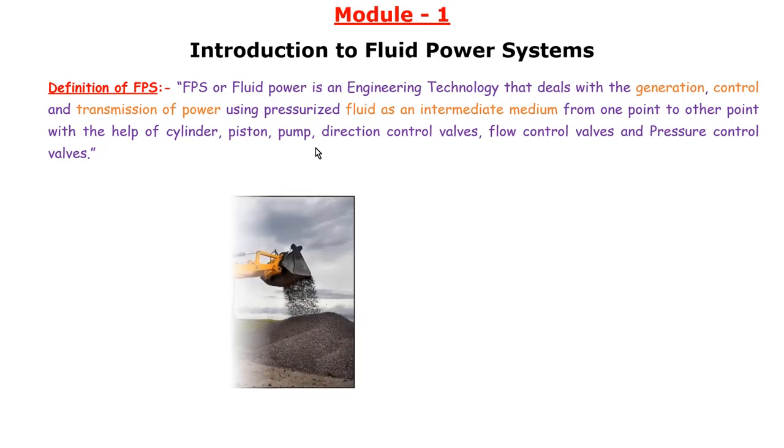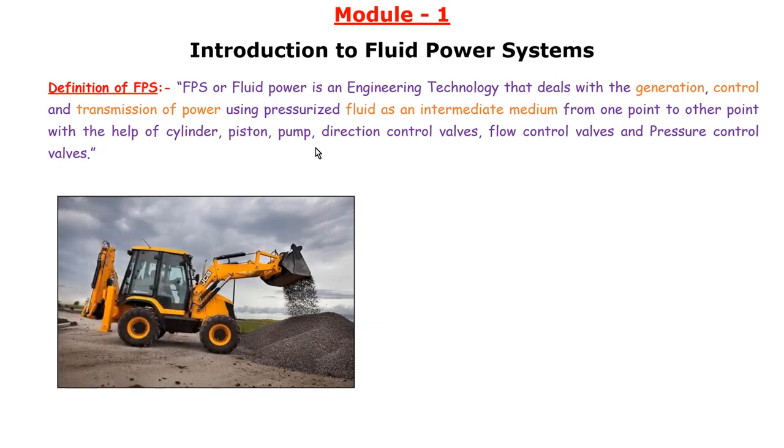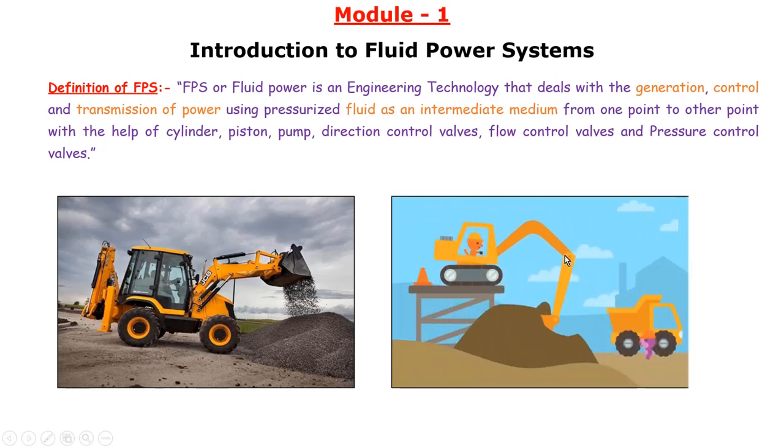Let's consider an excavator, which is mainly used to remove soil, also known as earth mover because it is used for heavier works, to explain the definition of fluid power system. Now let's consider the animation of an excavator.